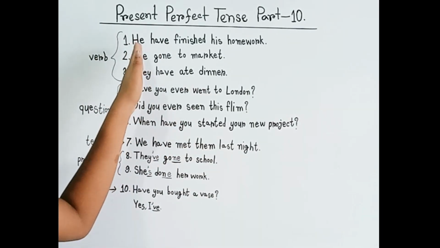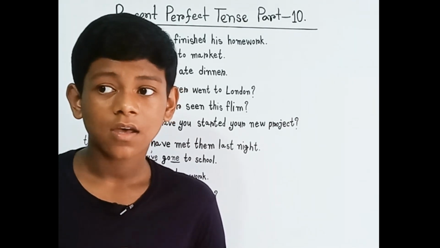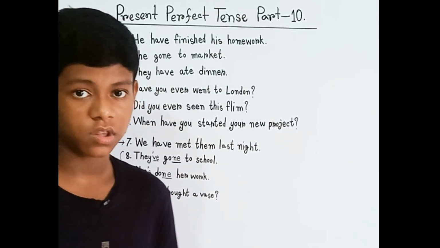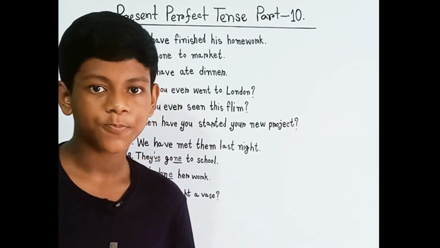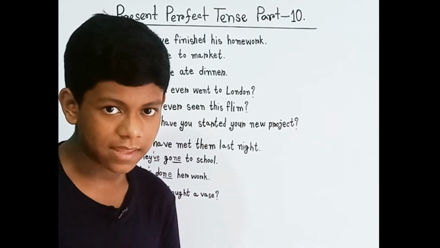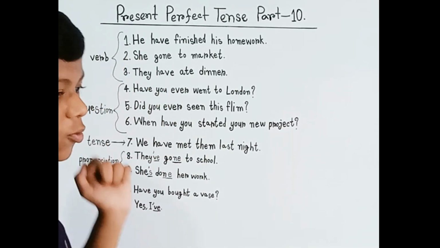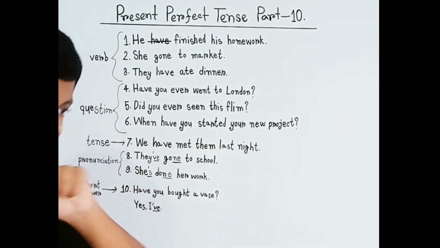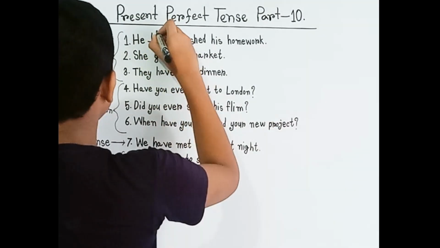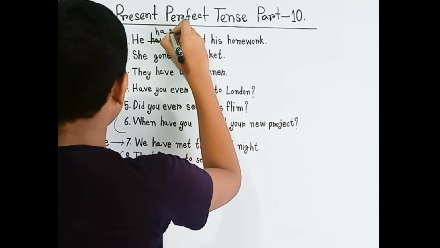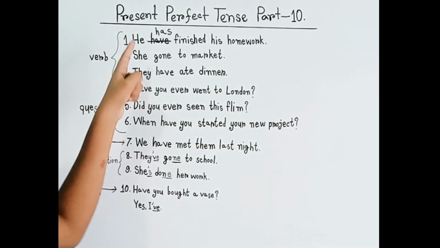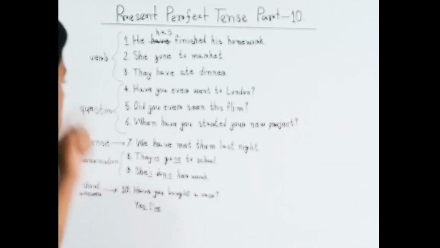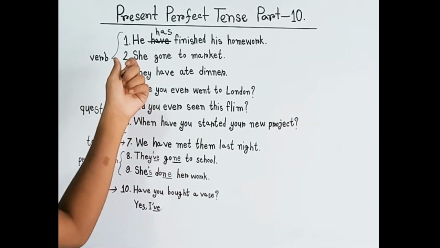Have isn't used with the word he. So which word will we use? Only one word, has. We have to cancel out have and use has. He has finished his homework.